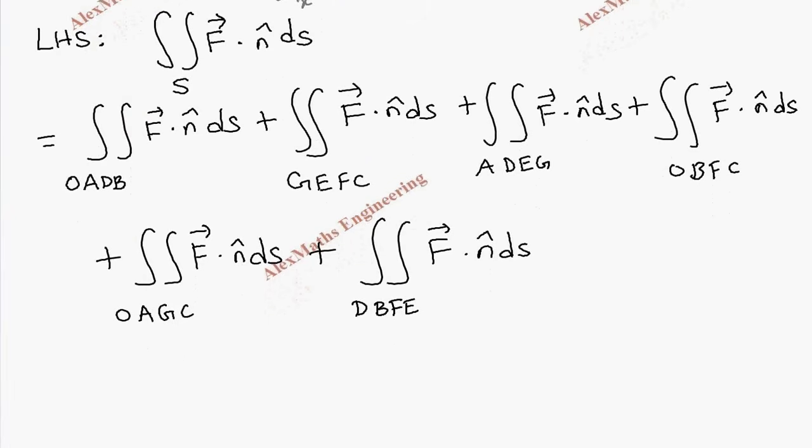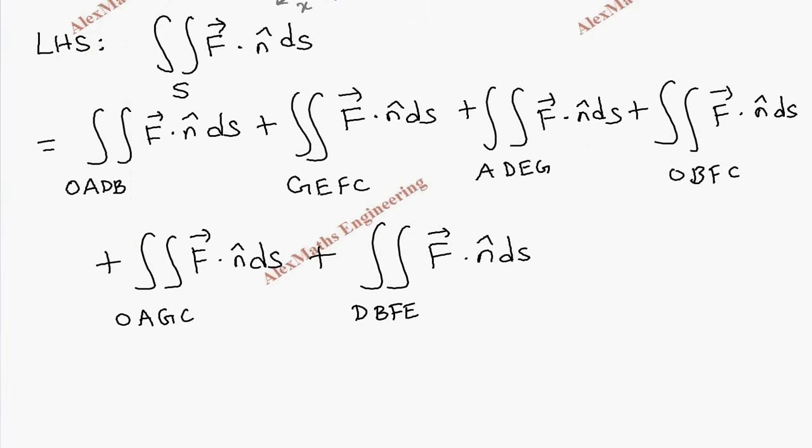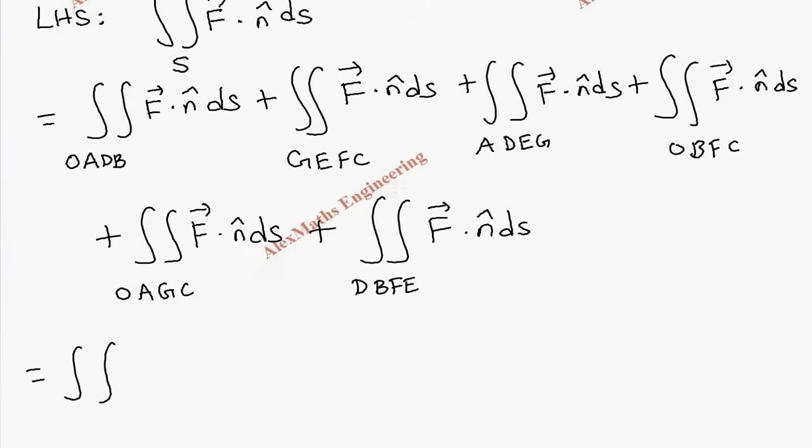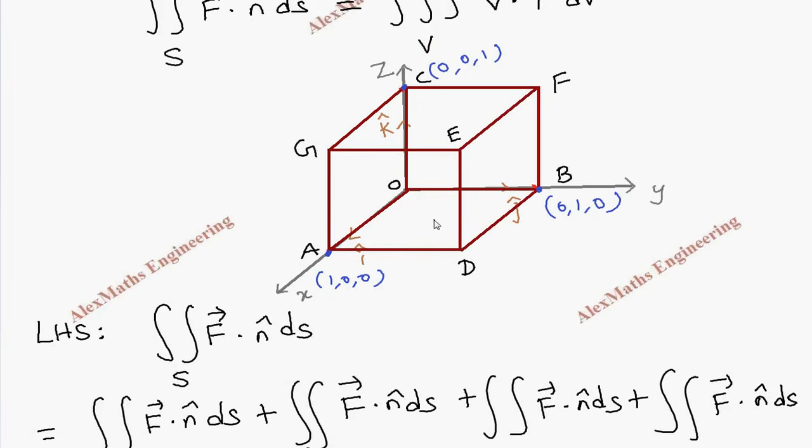Now coming to the first surface, here double integral OADB f vector dot n cap. If I consider this bottom surface, and take a unit vector perpendicular to it, it will be something like this. We can see it is going away from the surface in a bottom direction, which is opposite to this k cap.